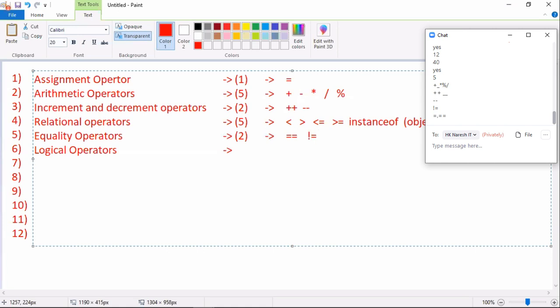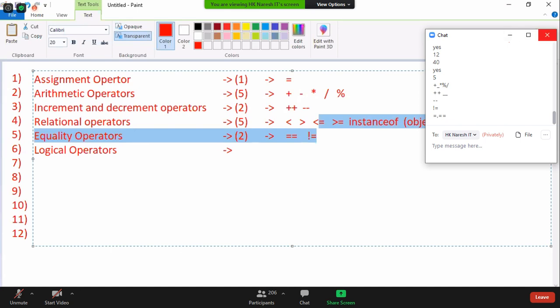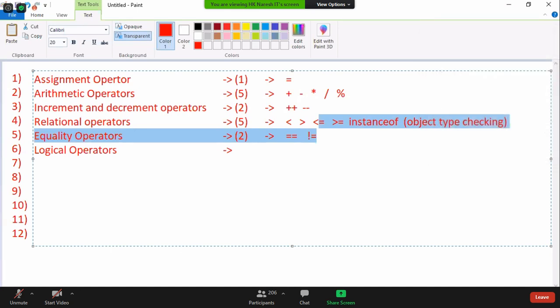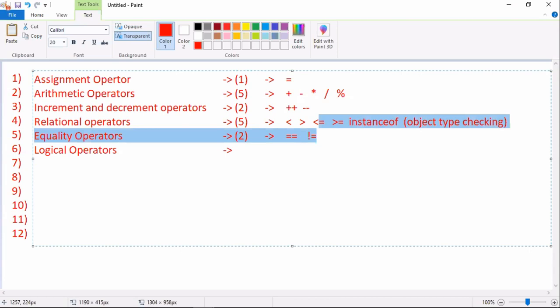Many books and trainers also include these equality operators as part of relational operators, but I want to separate them. For my convenience I am separating them, and it is not wrong, it is also correct. This is double equal to, equality, and this is not equal to.